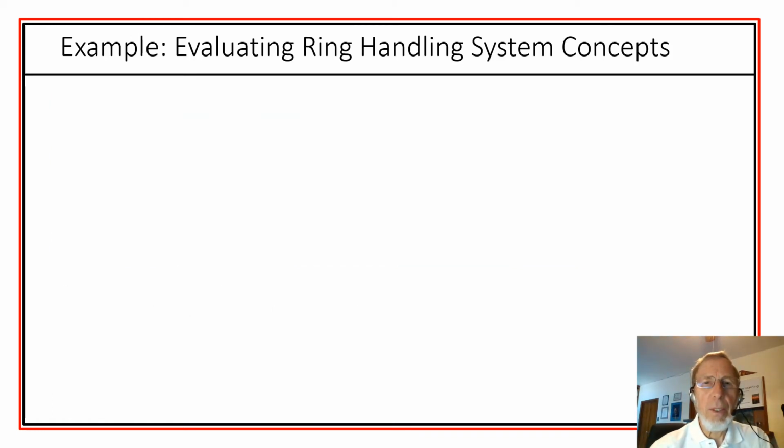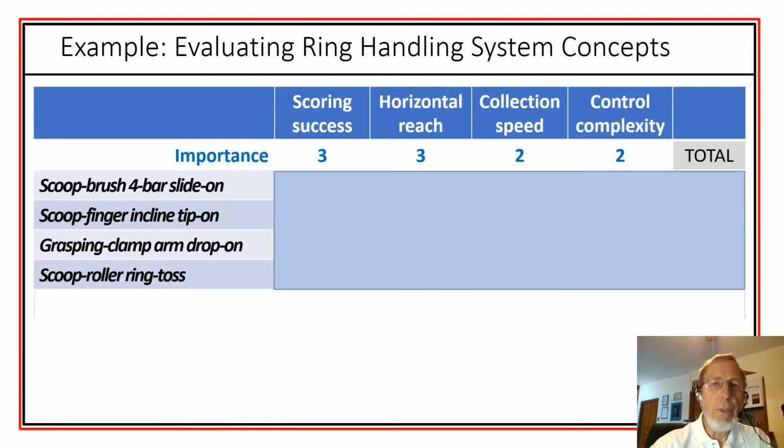Let's look at an example of how we might evaluate different concepts for this ring handling system. Recall that we had identified 4 different concepts listed on the left side. We identify some criteria, which I've listed here: scoring success, horizontal reach, collection speed, and control complexity.